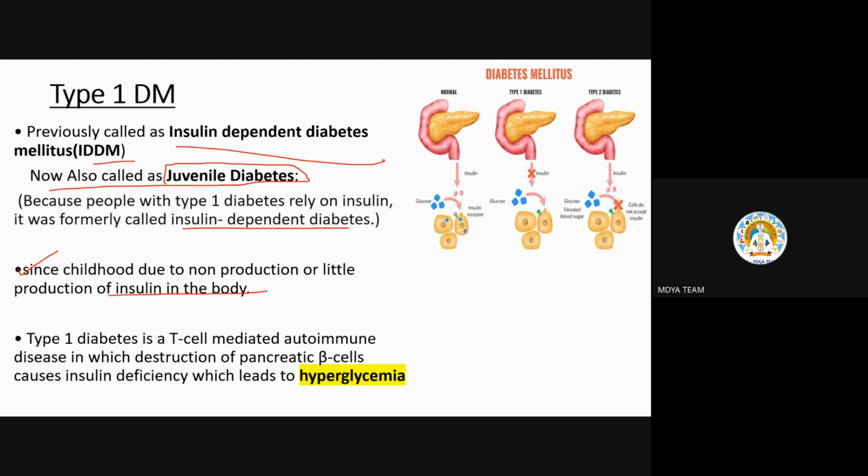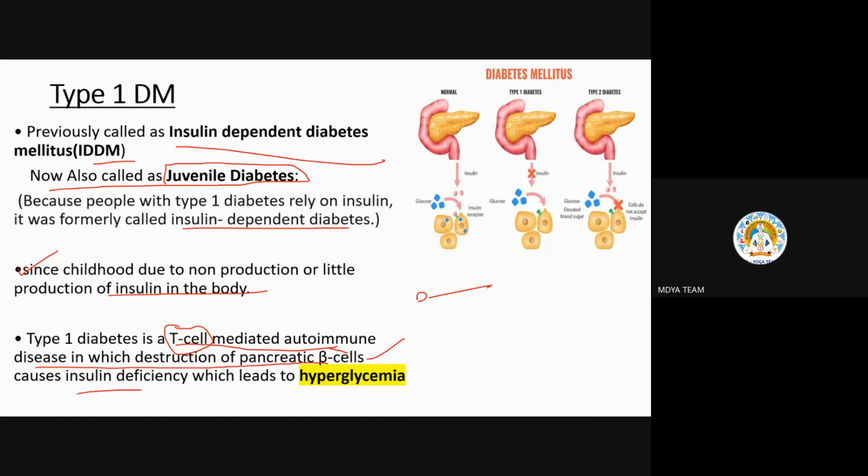Okay, type 1 diabetes is a T cell mediated autoimmune disease. T cells are one of the immune system cells. So it is an autoimmune disease in which there is destruction of pancreatic beta cells. As I told you, beta cells are not releasing insulin by birth, or they release too little to fulfill our body requirements. So there will be destruction of the pancreatic beta cells, which causes insulin deficiency.